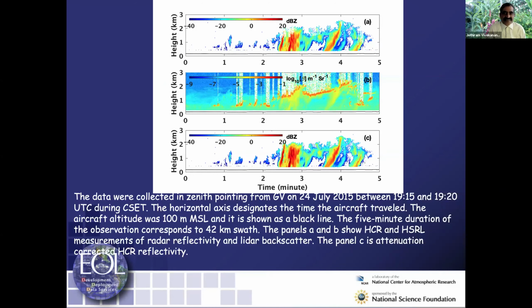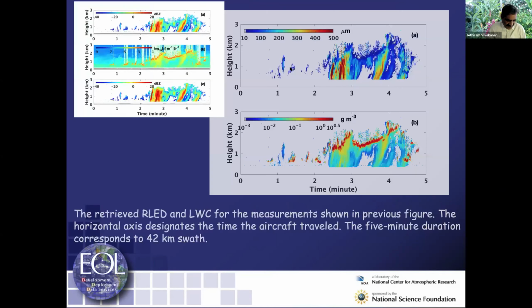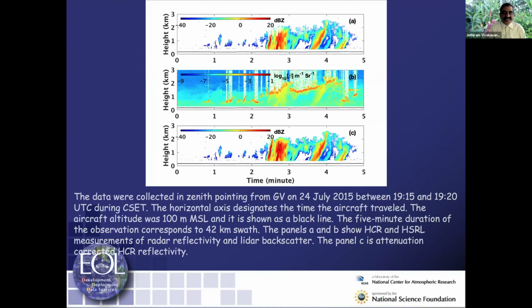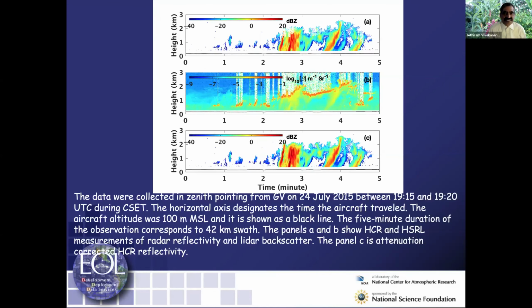Before we go there, the middle part, sorry, let's go back to it. The middle panel shows the LiDAR measurements. You can see very clearly the cloud base, a lot of LiDAR backscatter. Below that is basically drizzle coming out of the cloud. The radar tail, you can see that. Again, the same thing with LiDAR. LiDAR is very high in the cloud base, but above the cloud base.